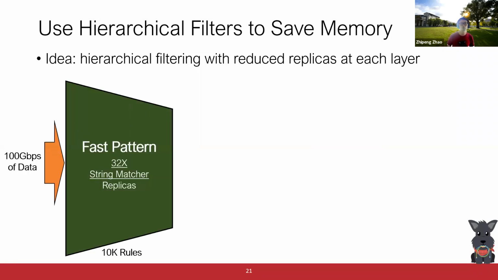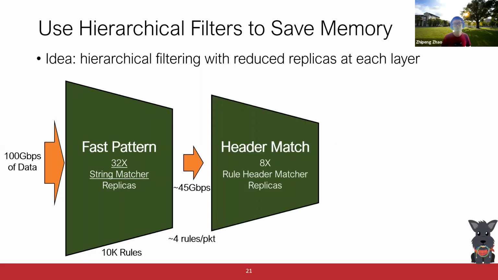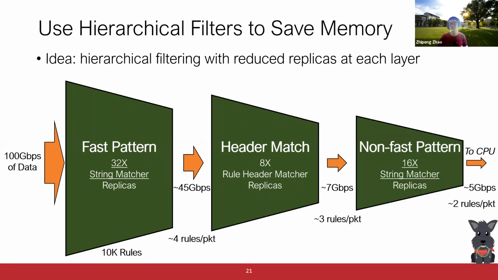For the front-end filter, we allocate enough replications in order to catch up with 100 gigabit per second. But for the later stages, we only need to catch up with the hit rate of the previous level. Eventually, when the data reaches the CPU, it is only about 5 gigabit per second of traffic, and for each of the suspicious packets, we only need to check 2 rules.